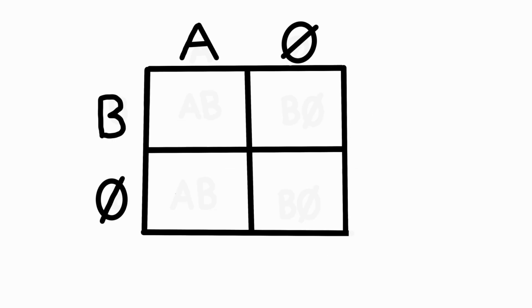Okay, try it yourself and figure out how a heterozygous type A, or A-O, and a heterozygous type B, or B-O, can make all the blood types. Pause if needed.